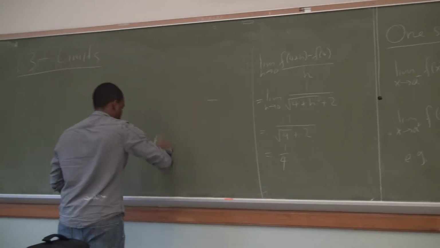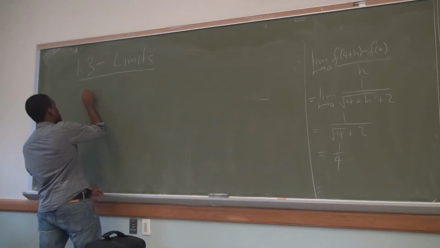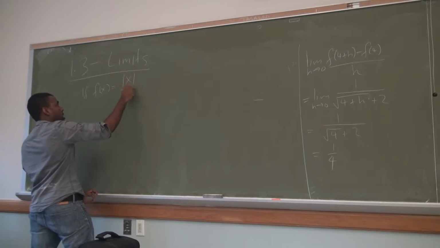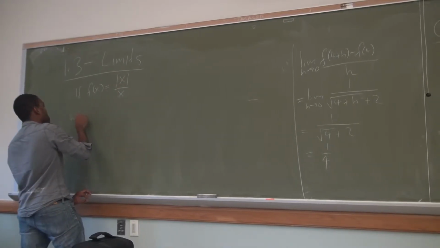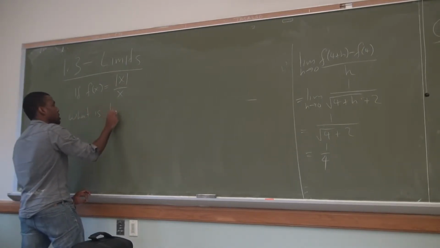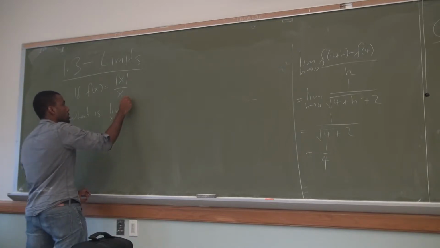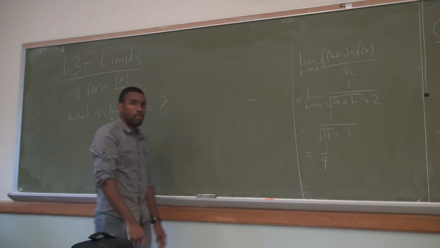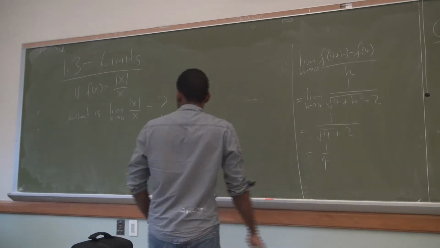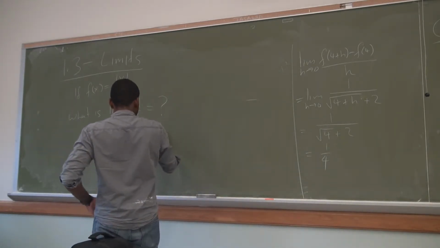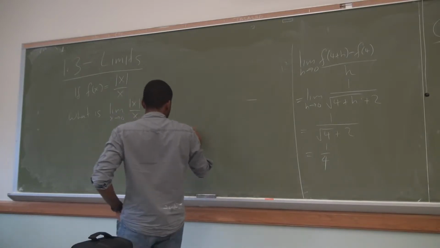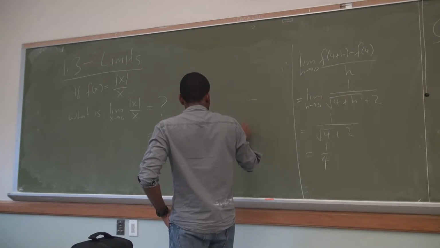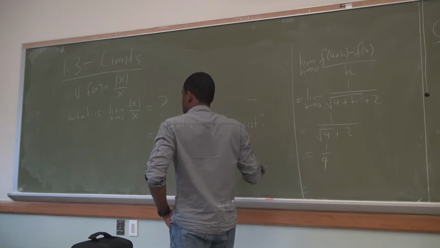For the same function, f of x equals absolute x over x, what is the limit as x approaches 0 of this guy? Doesn't exist. Correct. It does not exist. You call it DNE, or does not exist. Can anyone explain why it does not exist?